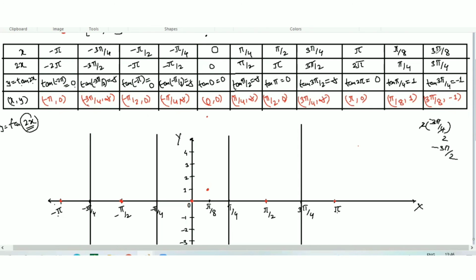So where does 3 pi over 8 come? 3 pi over 8 comes between pi over 4 and pi over 2. So let's plot it here. When you calculate it, you will get the coordinate point 3 pi over 8, minus 1. Let's plot it here. 3 pi over 8 and minus 1 comes here.